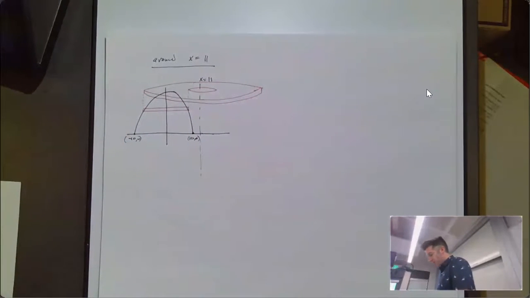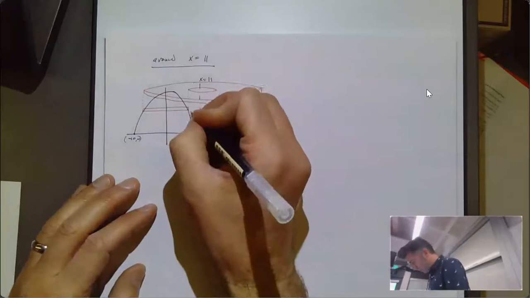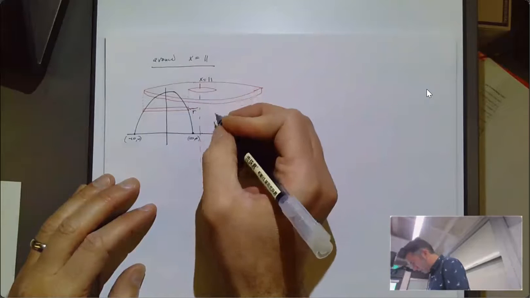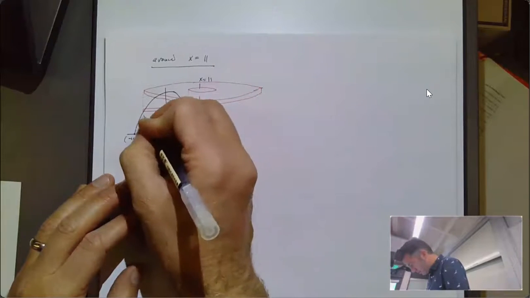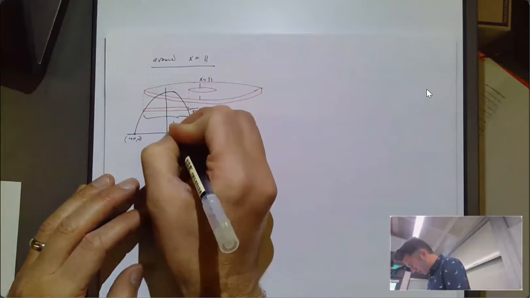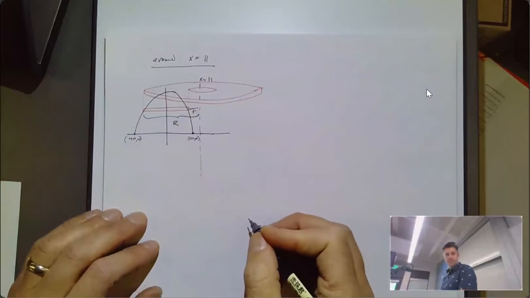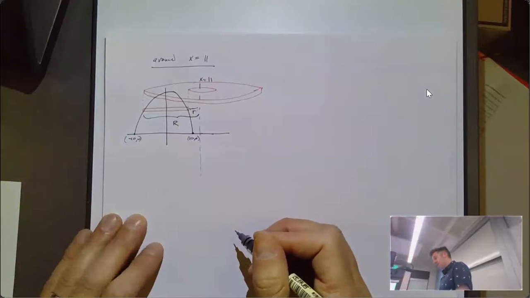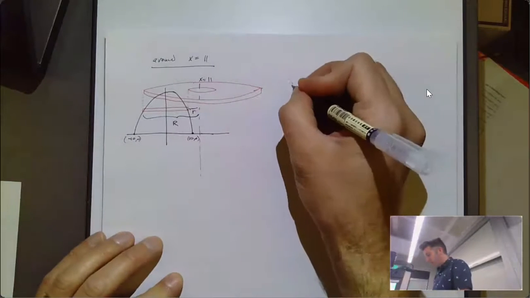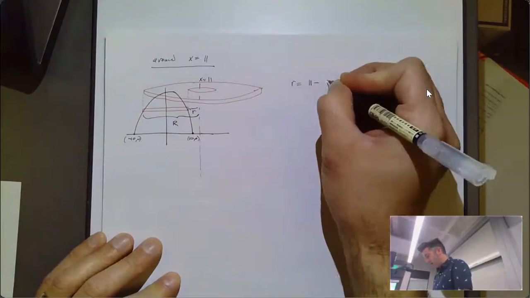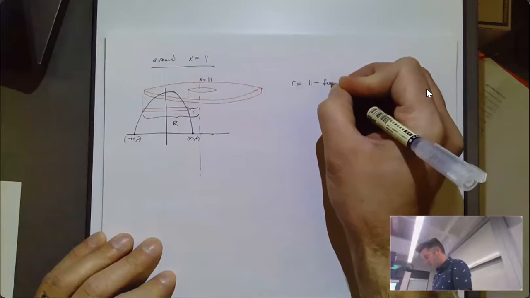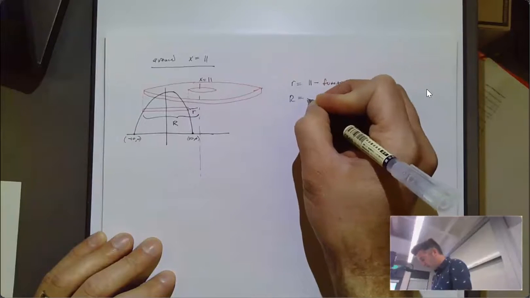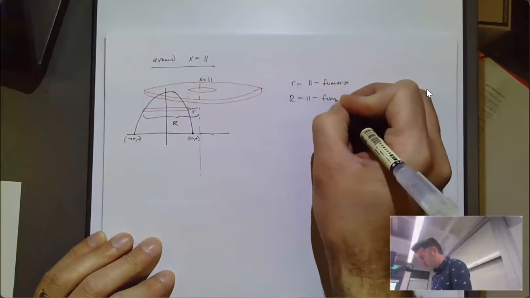Where this is my inner radius and this is my outer radius. Now, this is a little funky in that my inner radius is going to be 11 minus my function. My outer radius is going to be 11 minus my function.